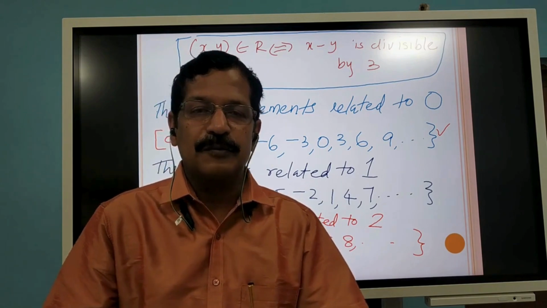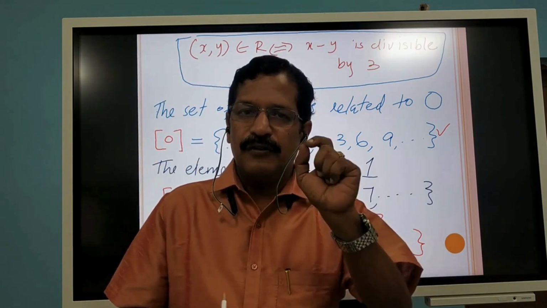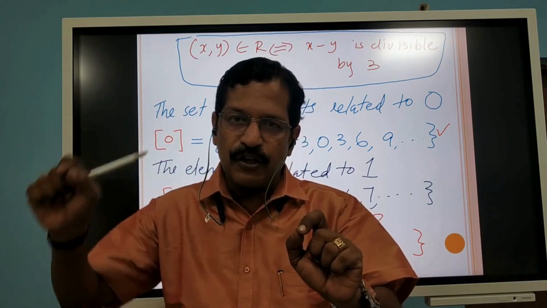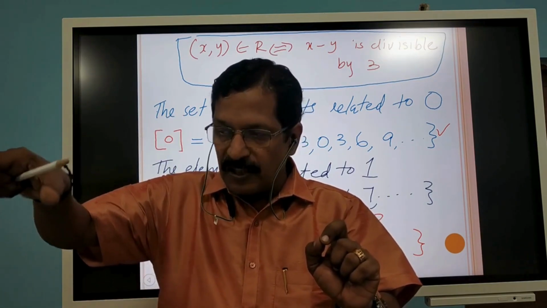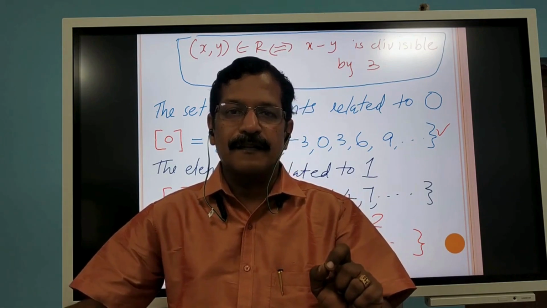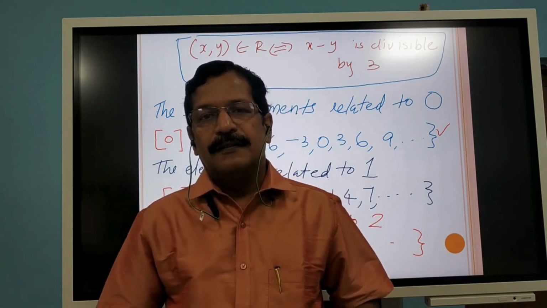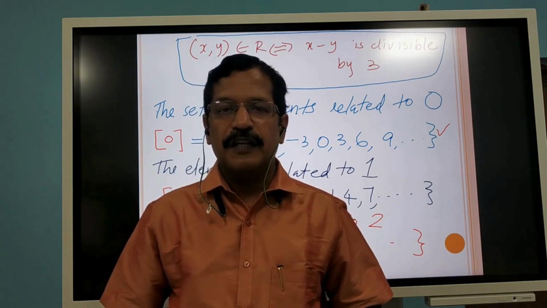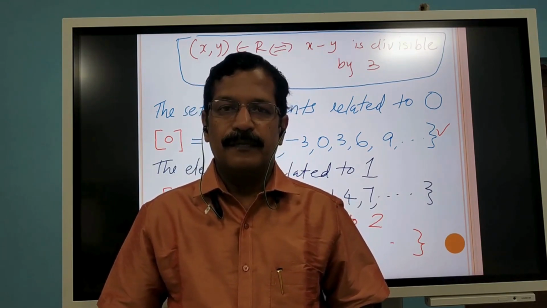This is the important property of an equivalence relation. So, if an equivalence relation is defined on a set, then that equivalence relation will partition that set into disjoint equivalence classes. Now, these are the things we have to study in relations. Thank you.